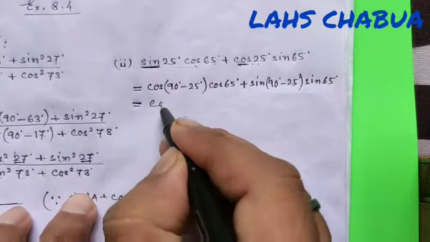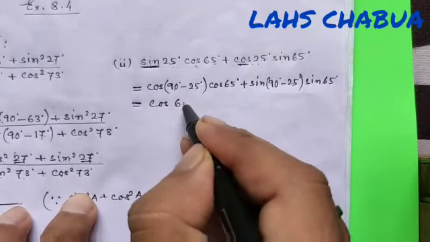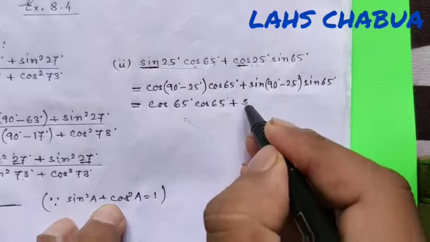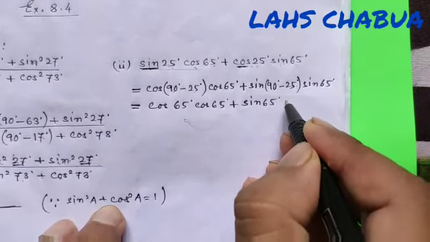Then sin(90 minus 25), which is 65, into cos 65, then sin(90 minus 25), 65, sin 65 into sin 65.